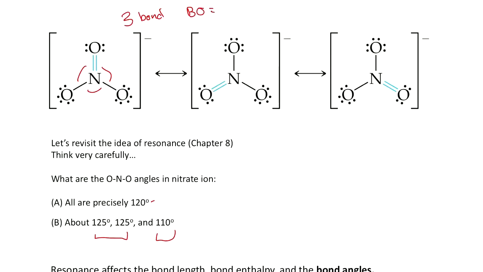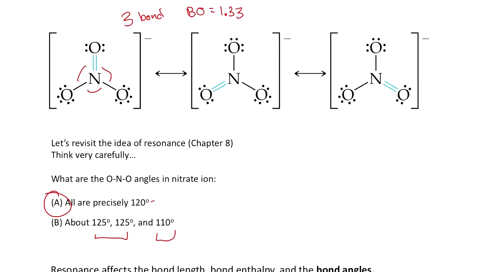What did we calculate last chapter? So it's 4 bonds around 3 different positions, so the bond order here is 1.33. So we have 3 bonds that are actually all identical, 1.33. So our correct answer is they are all exactly 120 degrees from one another because all of them have the same exact bond order.